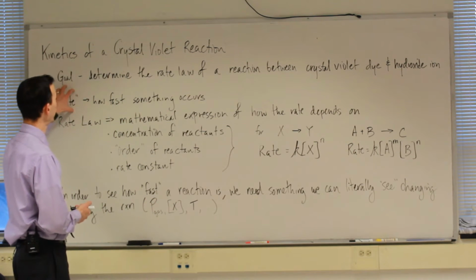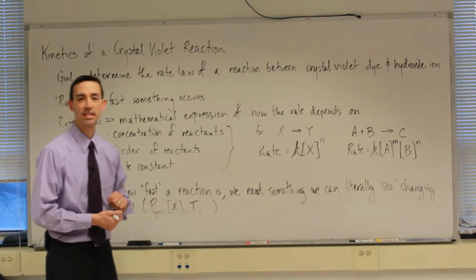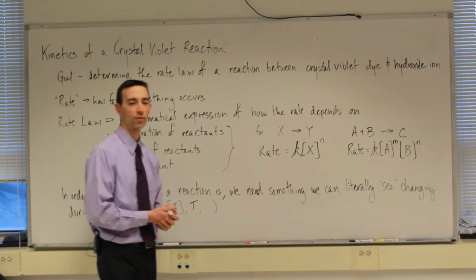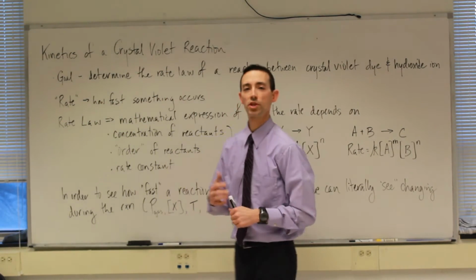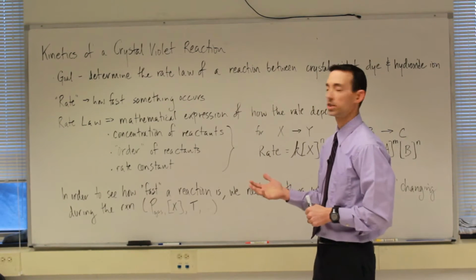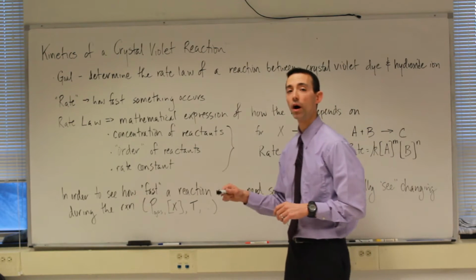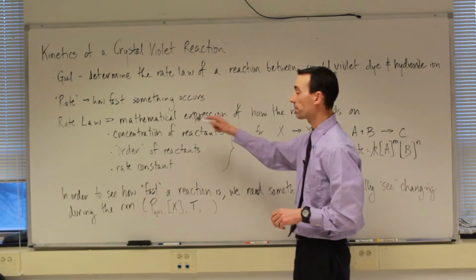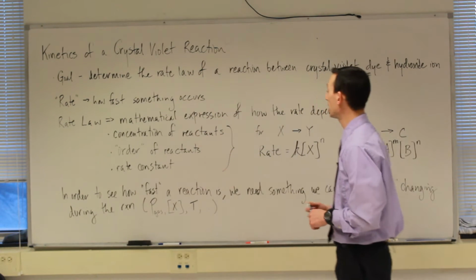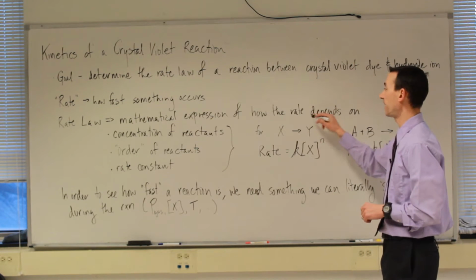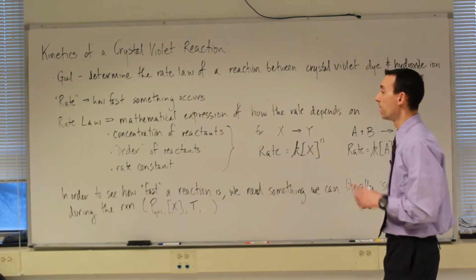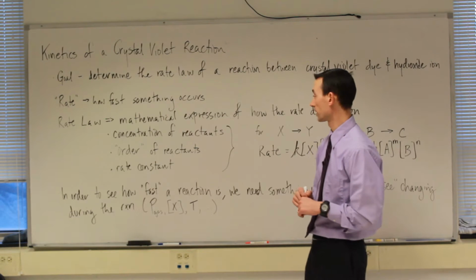So the word rate, there's nothing particularly scientific about that. We have lots of different rates in our lives, so we should be familiar with that word. It's just referring to how fast something happens. But a rate law in chemistry is a mathematical equation that allows you to predict how fast something occurs based on three things, really.